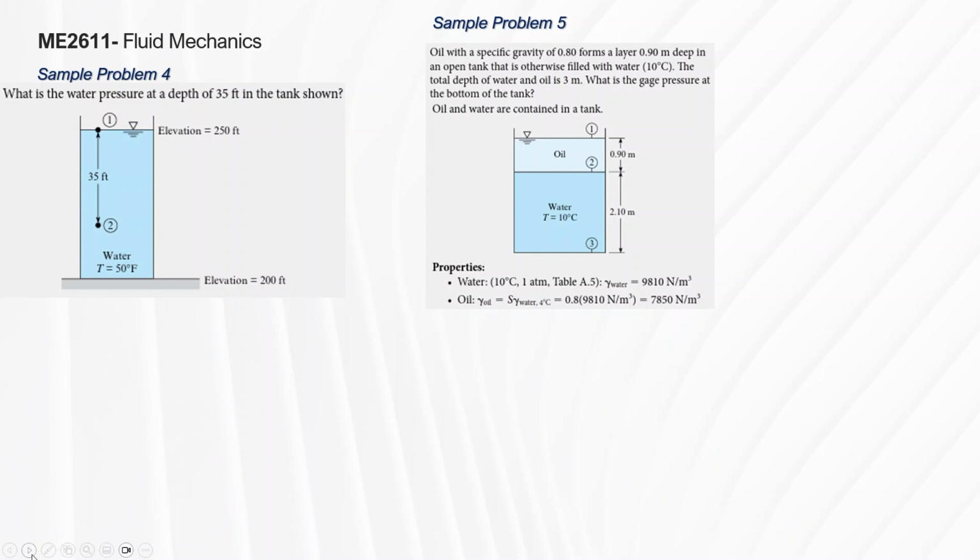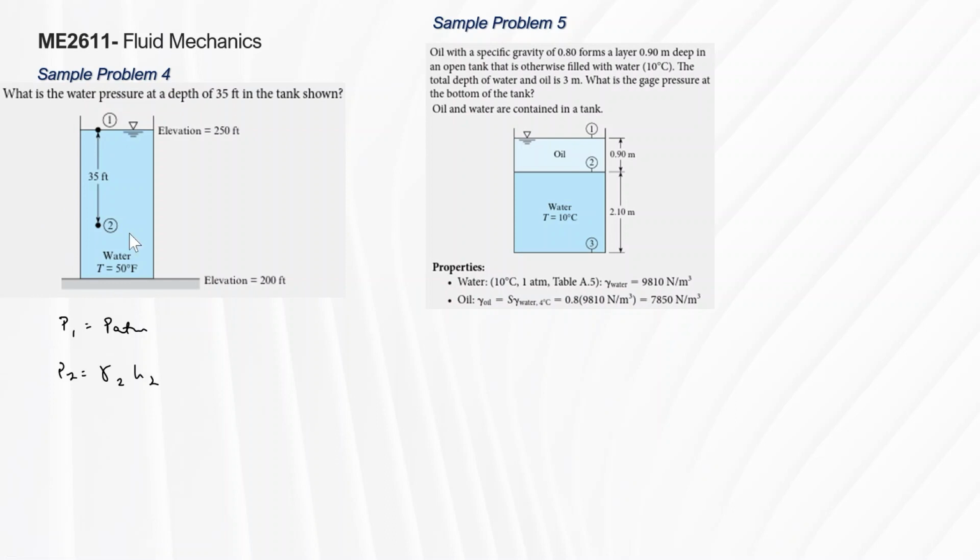So let's have some sample problems now. For example here, what is the water pressure at a depth of 35 feet? It's a trick question, with an elevation of 250. So all we have to do here is P1 and P2. P1 here is atmospheric, basically.